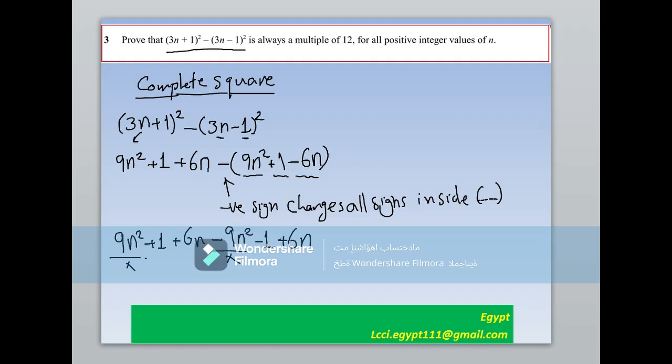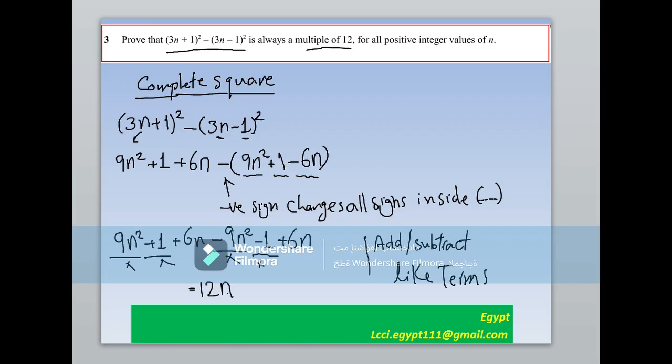1 minus 1 is 0, 6n plus 6n equals 12n, because we add or subtract like terms. This answer, look, is a multiple of 12.